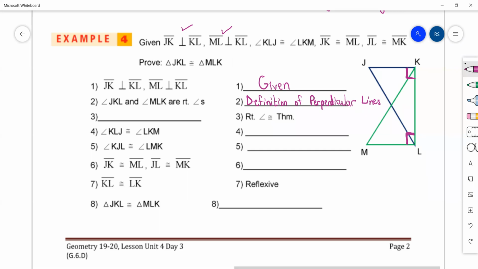So if they're both right angles, what can we say about them? That they're congruent. So we can say angle JKL is congruent to angle MLK by the right angles theorem. Right angles congruence theorem. So all right angles are congruent to each other.